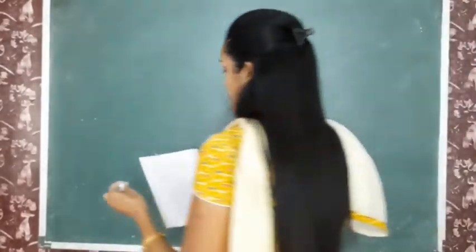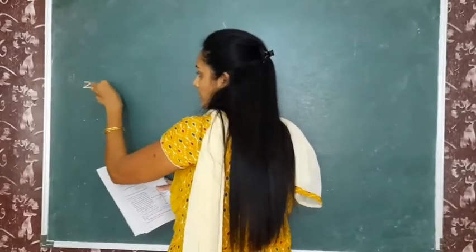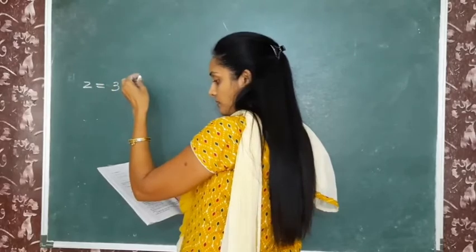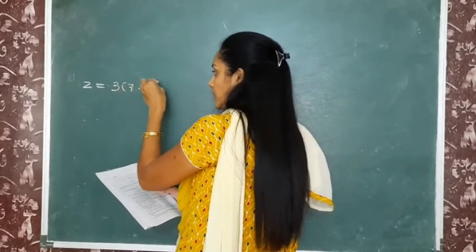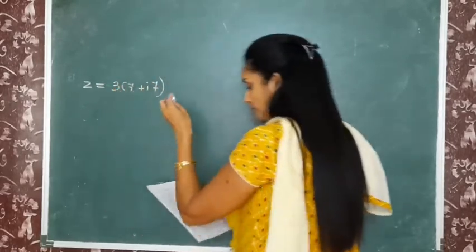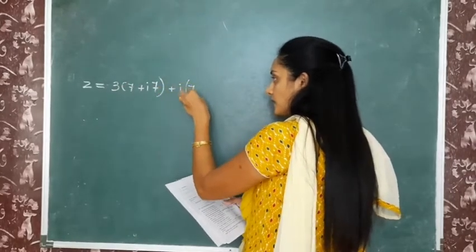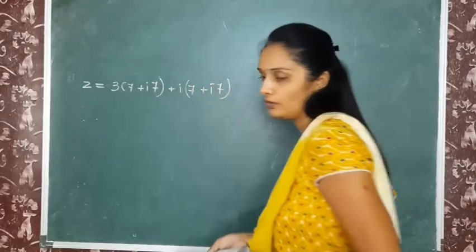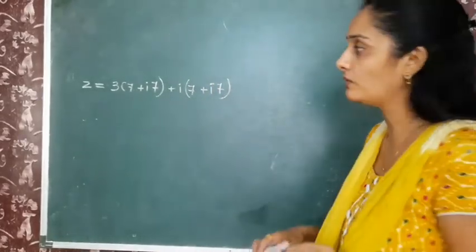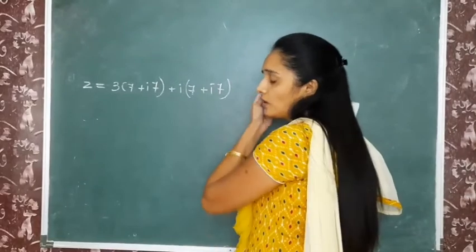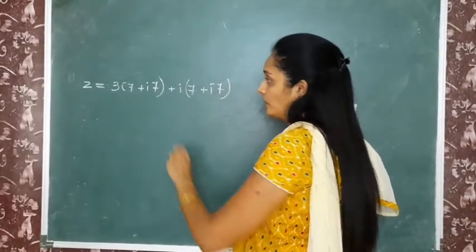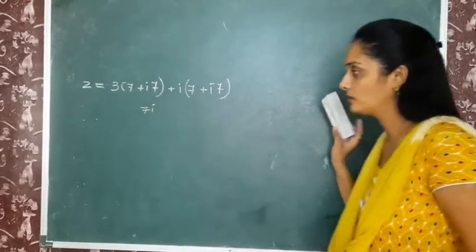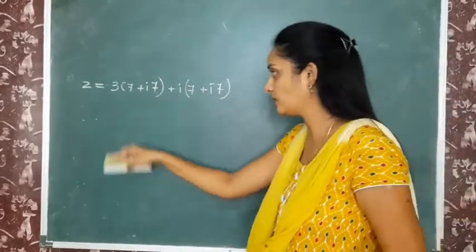Now, question. z is equal to 3 times the bracket 7 plus i, plus i times the bracket 7 plus i. We have to convert it into simple form, otherwise standard form. You can write i7, otherwise 7i, both are the same.